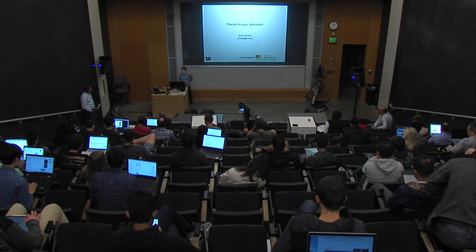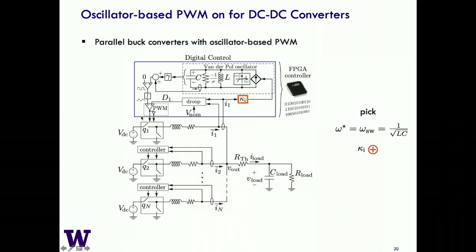Yeah, so in most systems, actually, the diagram, let me see if I can pull this up, just one sec. Okay, so the application we were looking at for the DC to DC case, we were really trying to target computational systems.